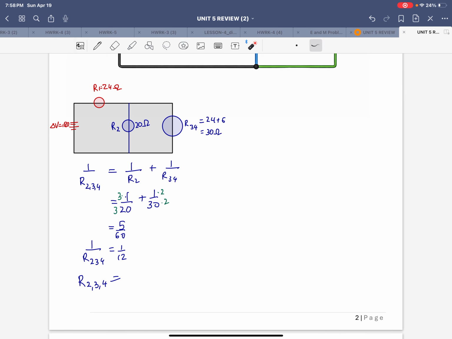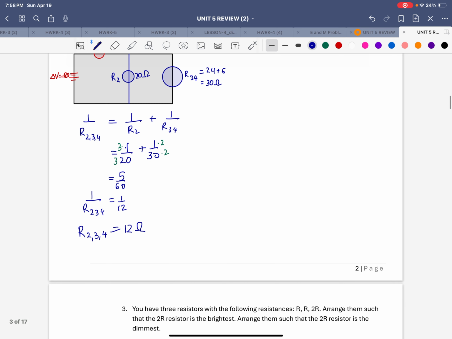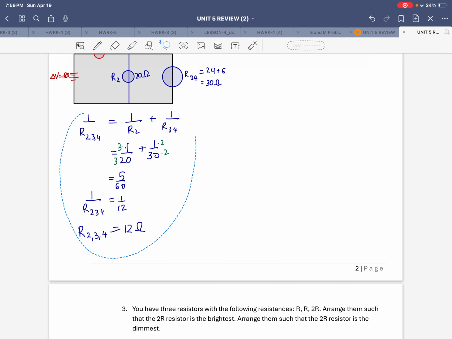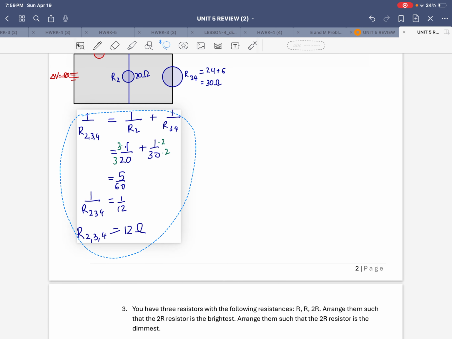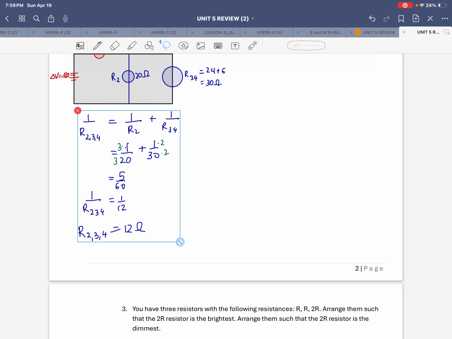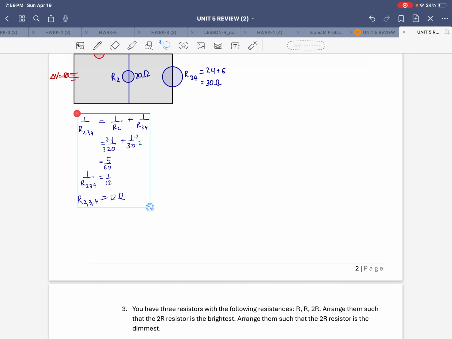You can either cross multiply in here, or you see that if these are equal, numerators are equal, that means the denominators are equal as well. So that's 12 ohms. So now that we have brought together R2, R3, and R4, we are going to re-simplify the diagram again.